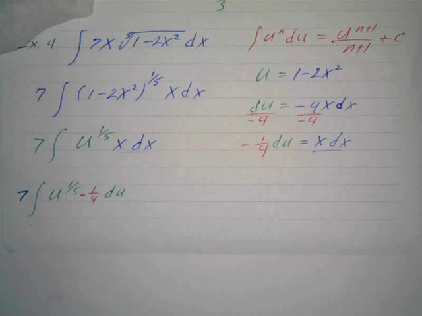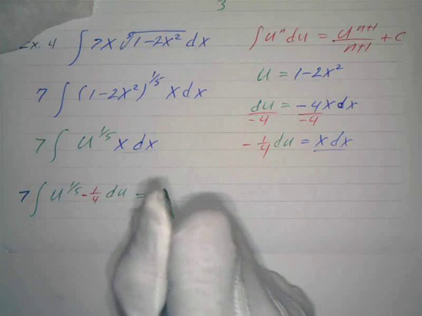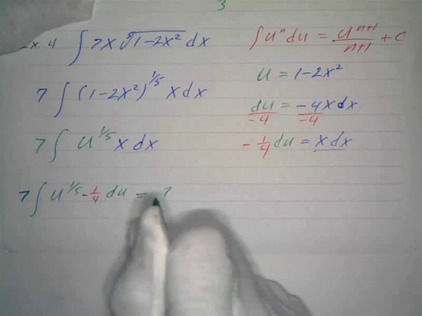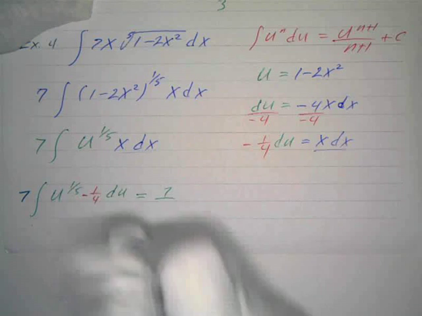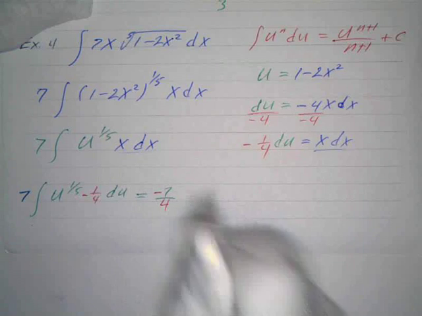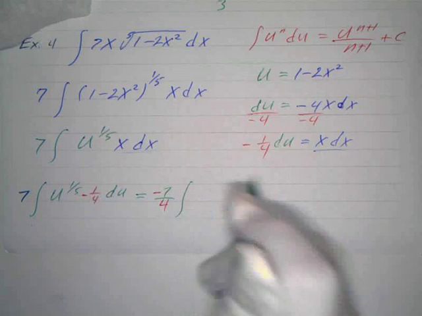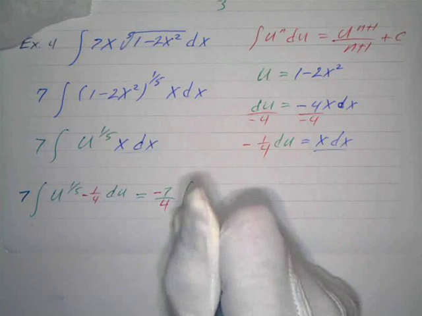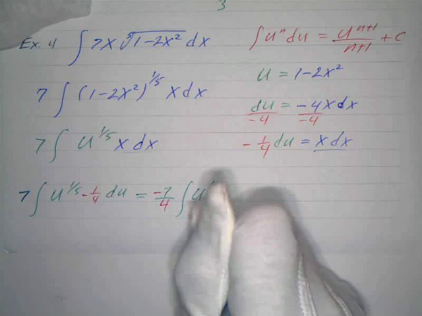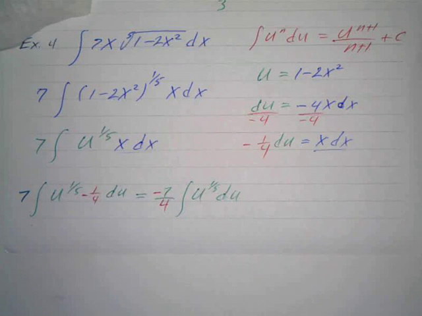Then we can move that negative 1/4 out in front and we'll be all set up. So now we have 7 divided by negative 1/4, which I'll write as negative 7 over 4 in front, and then my integral of u to the 1/5 du, and we're all set.